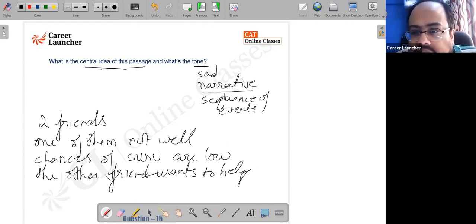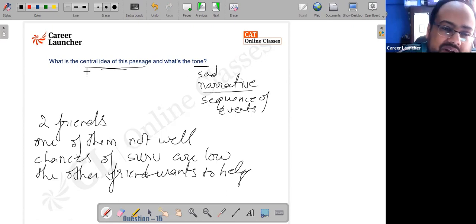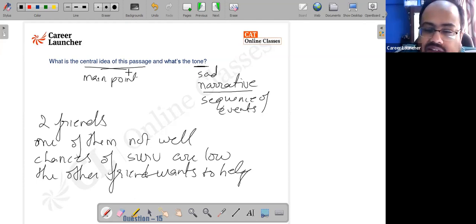Okay, one of you has a question: should we explain more or just the main points? See, when the question is what is the central idea, it is just the very main points that you explain. The thumb rule here is whenever you have been asked for the central idea, ideally the central idea should fit into one or a maximum of two sentences, right?